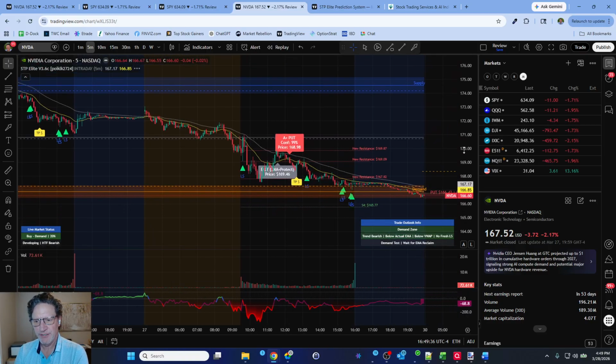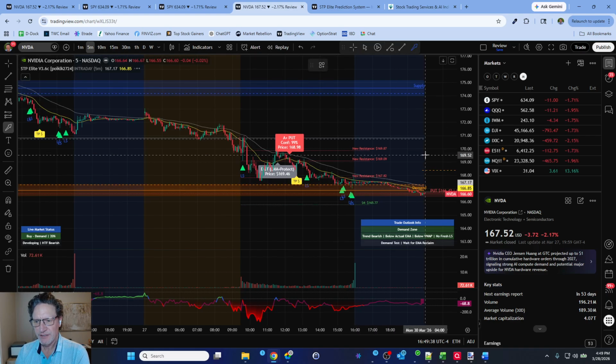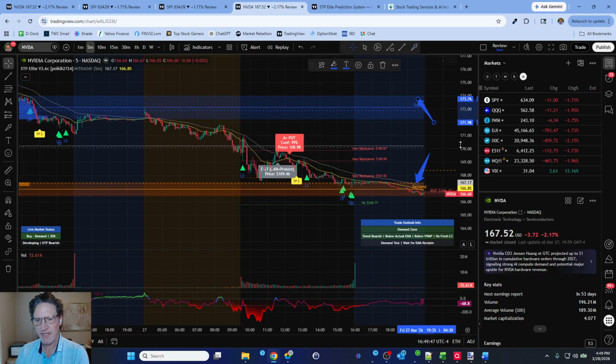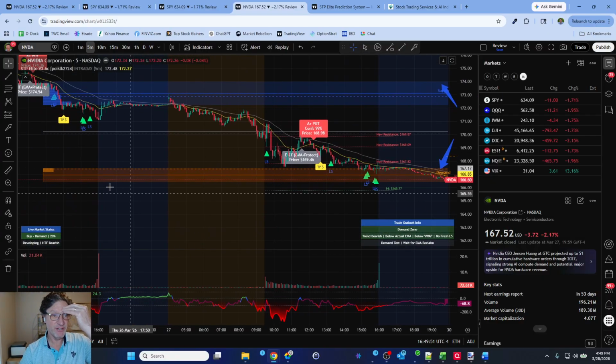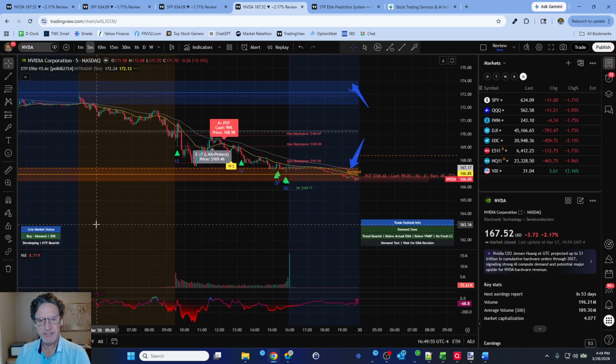The other thing I've done is I've created a demand and a supply area. These are dynamic. These will generate and move throughout the day. As you can see here, it just moved on me, based on the candles. It also shows you the volume over here that's tied into those supply and demands.